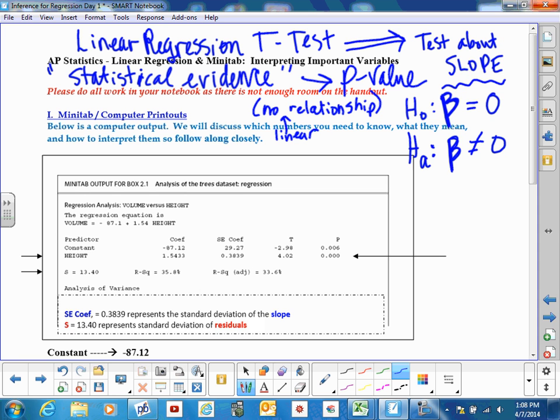Yeah, if I reject the null and I choose the alternative, then I have evidence that there is a linear relationship. A linear model is appropriate and that there is a linear relationship. Okay, so that's what we're headed down.